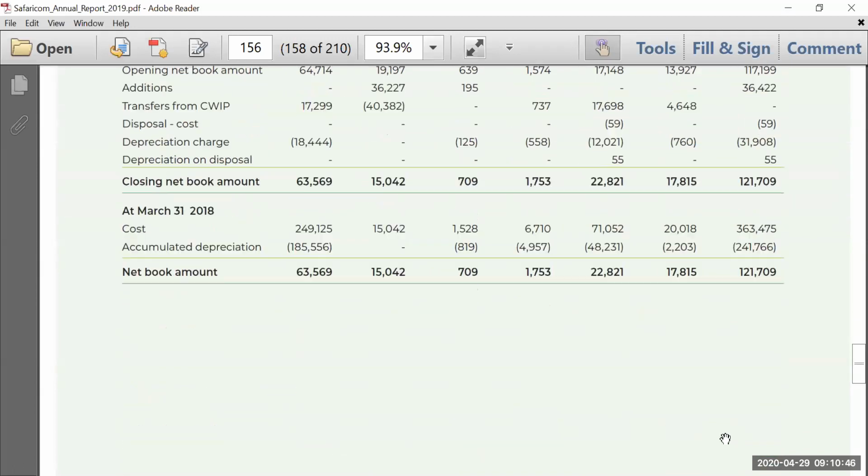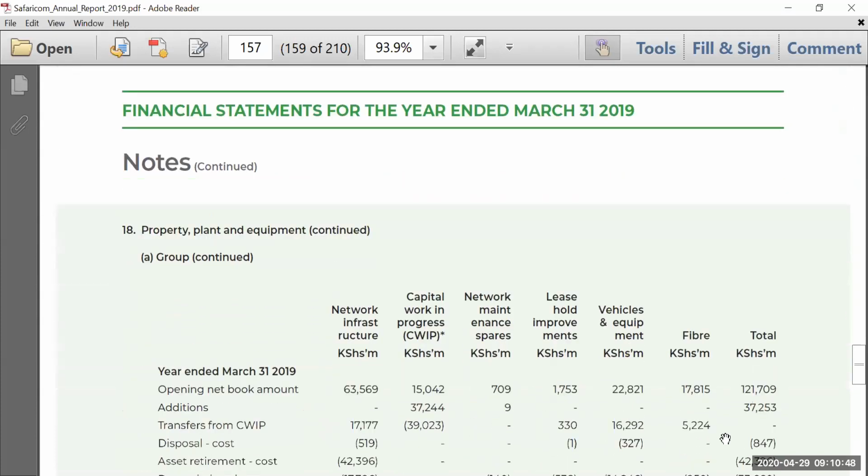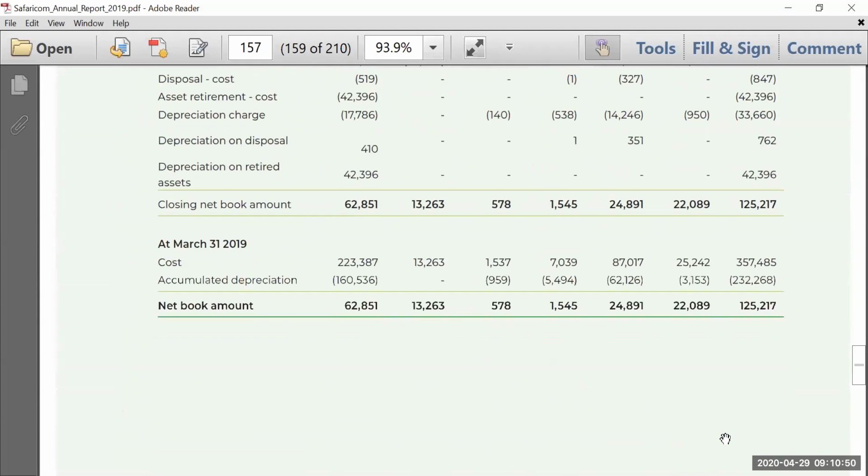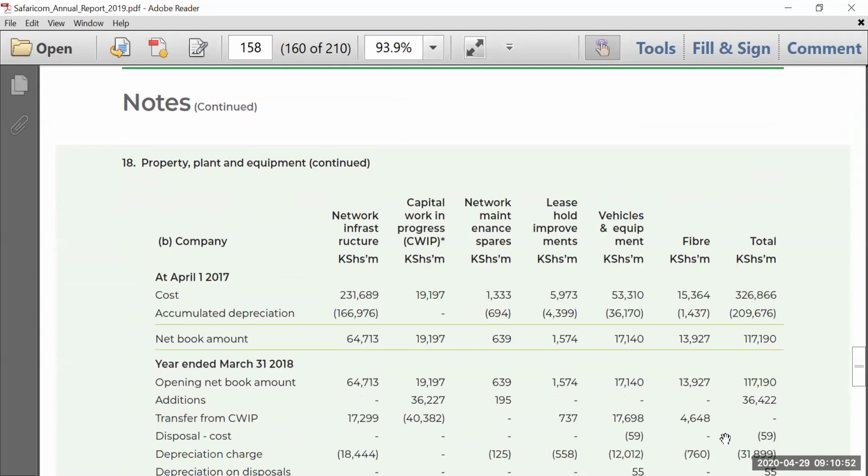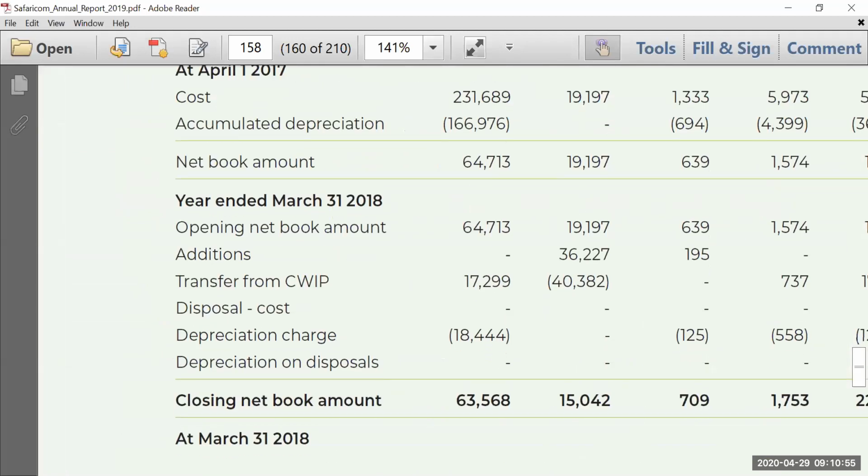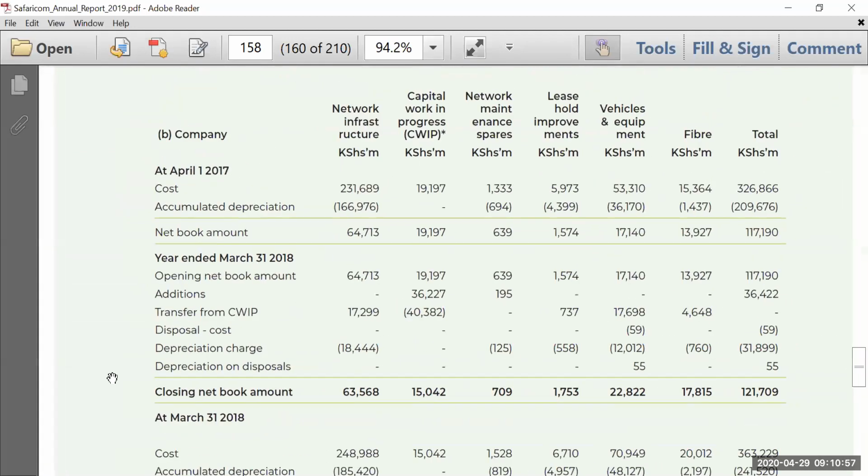I hope that is quite clear. So all this applies to the depreciation charge for that particular year. That's the point I wanted to pass across.